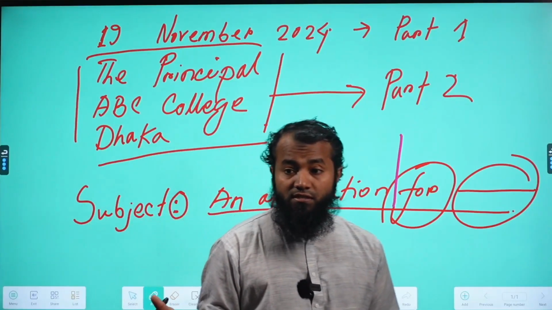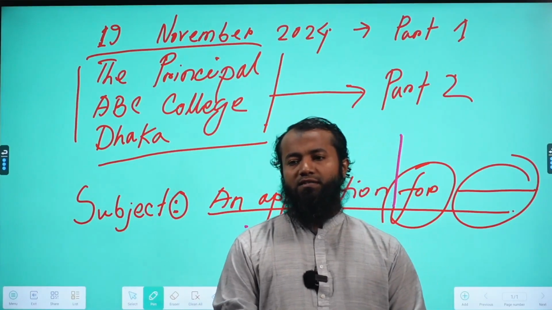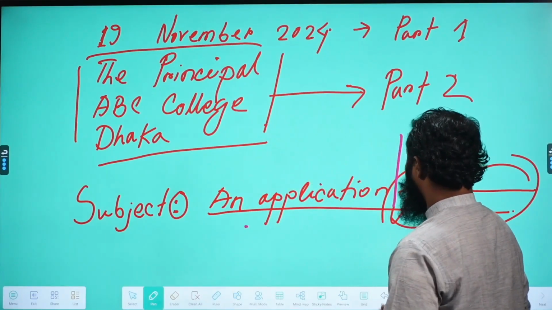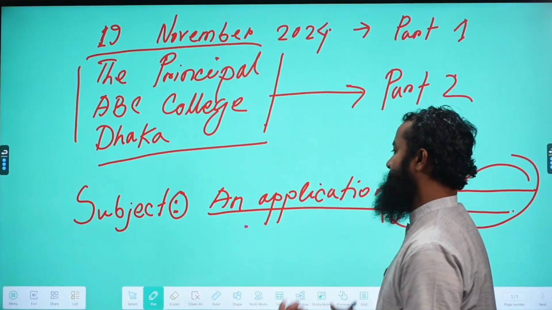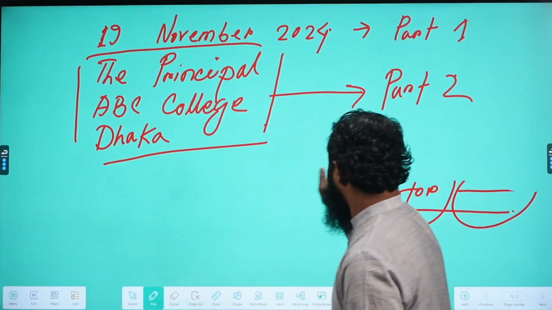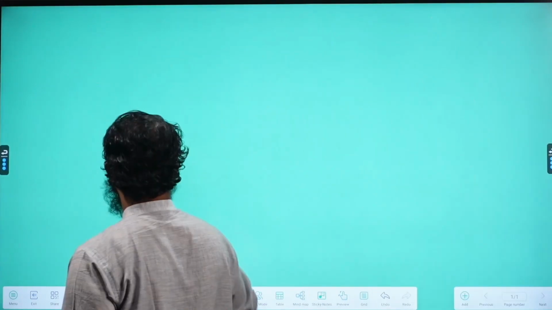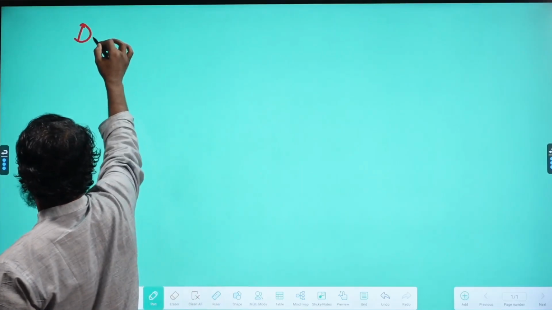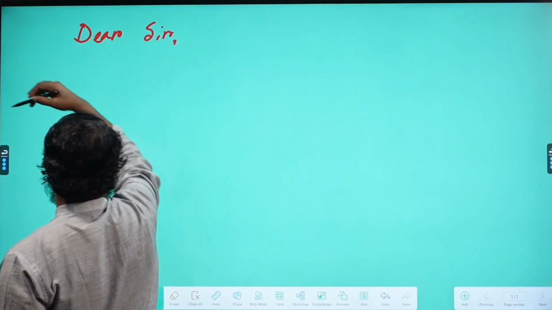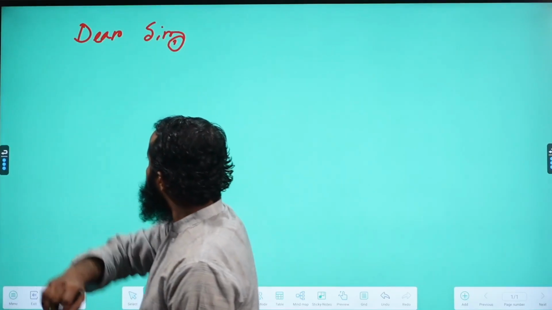For example, dear or dear sir. Okay, fine. Dear sir or sir, we can use these two things. Or respected sir. Our fourth part is dear sir, and you have to put a comma here.